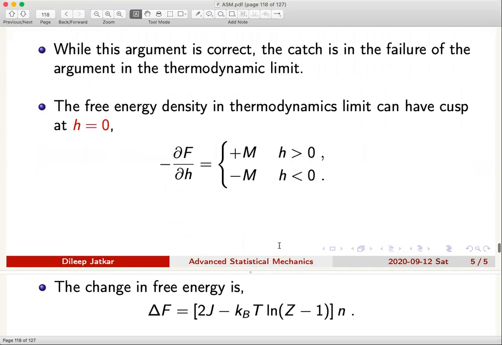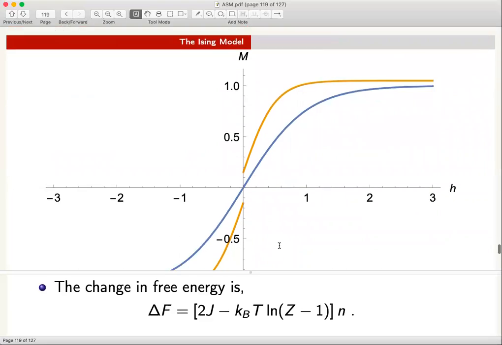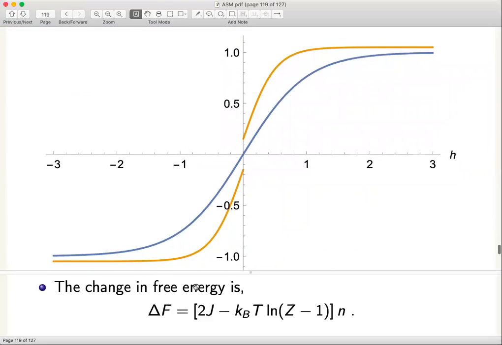Diagrammatically it is going to look something like this. You would have expected the system to look something like this blue line, and if the system is completely differentiable, or in fact completely analytic everywhere, then the argument that we just gave, that M of 0 should be 0, is certainly true.